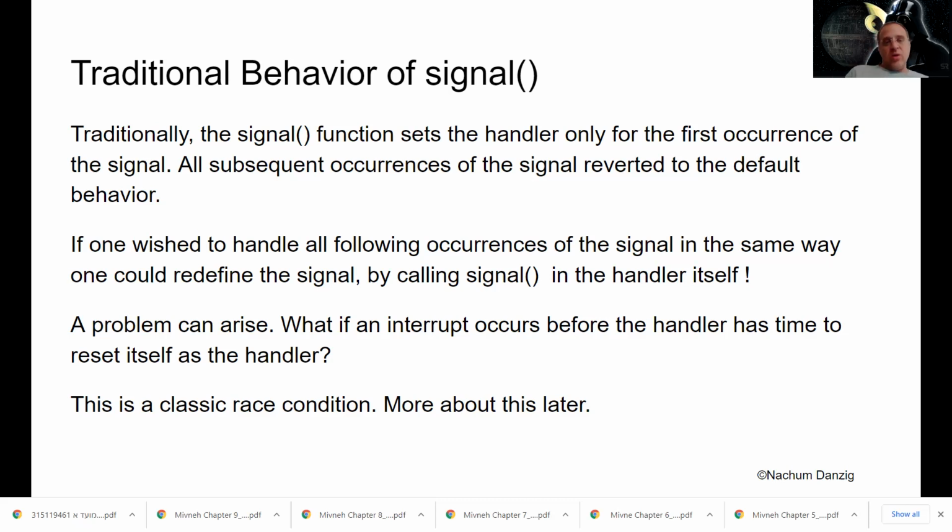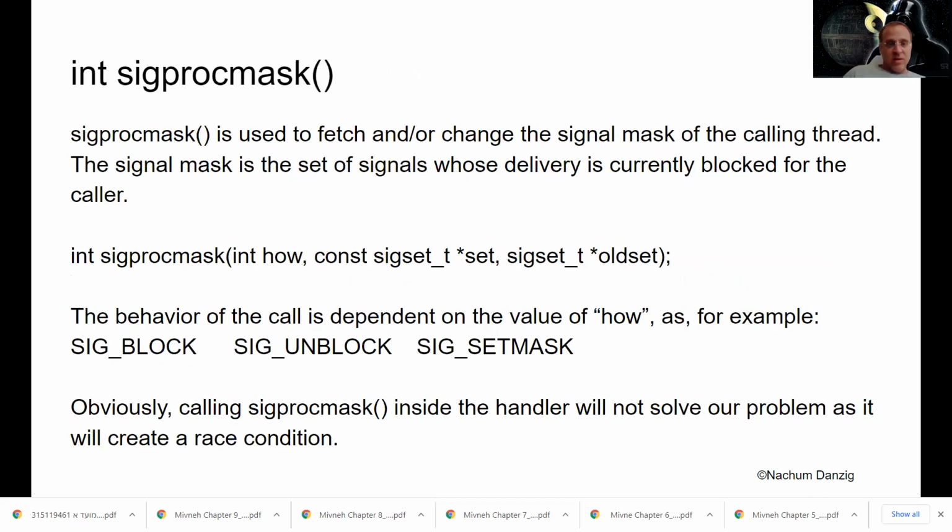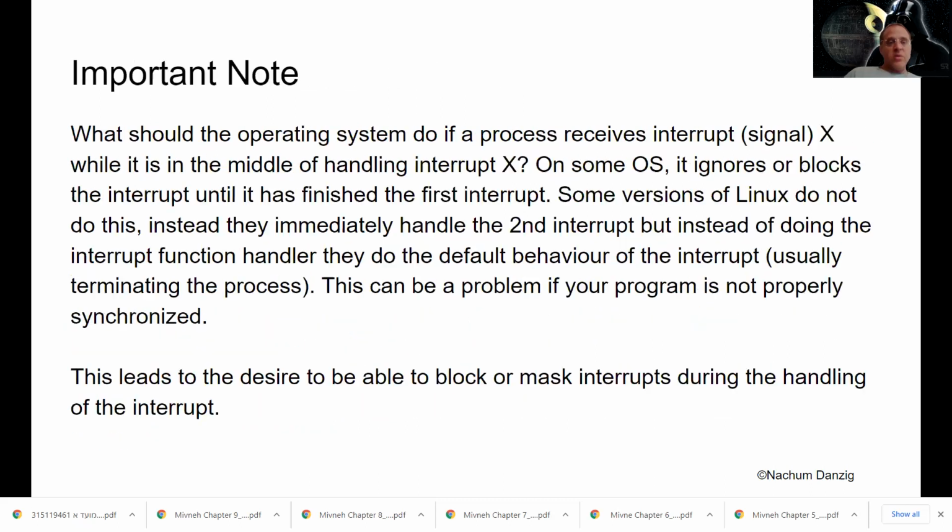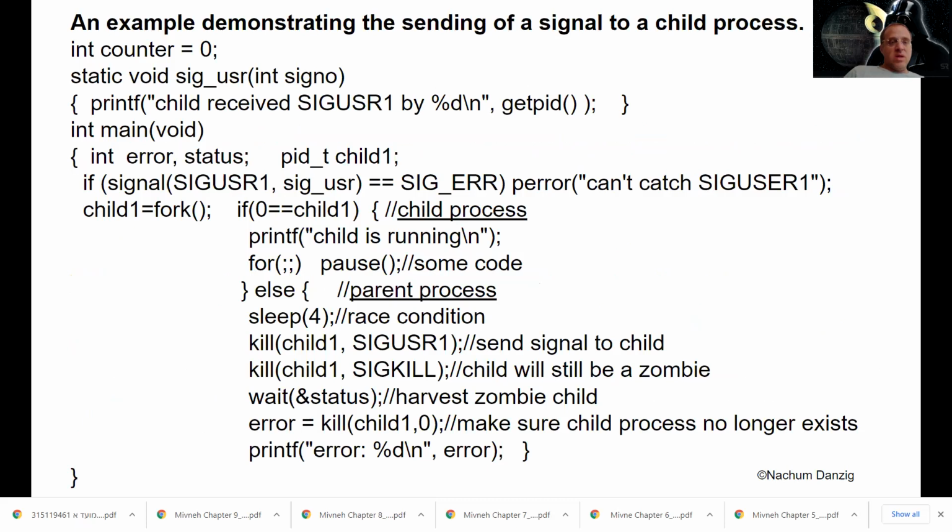If one wished to handle all following occurrences of the signal in the same way, one could redefine the signal again by calling signal in the handler itself. Do I have an example of that? No. In other words, let's say this sig user over here, you see where I'm pointing, yeah?